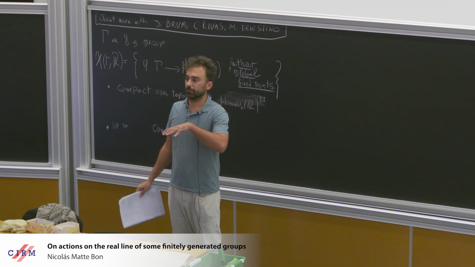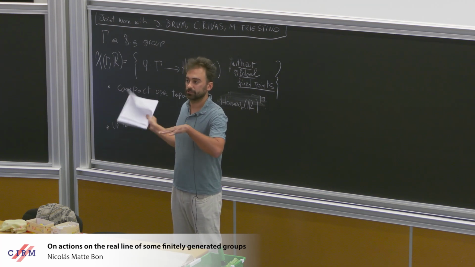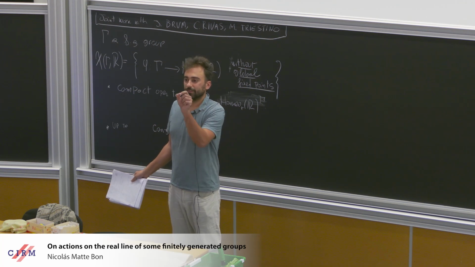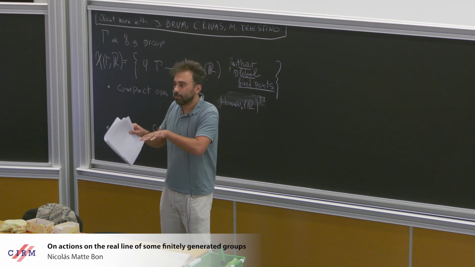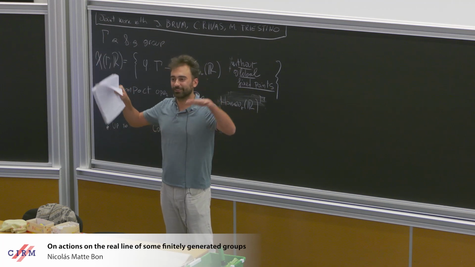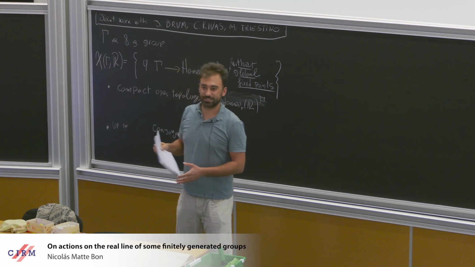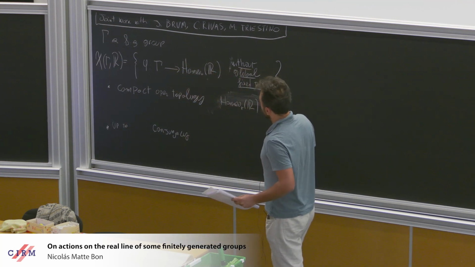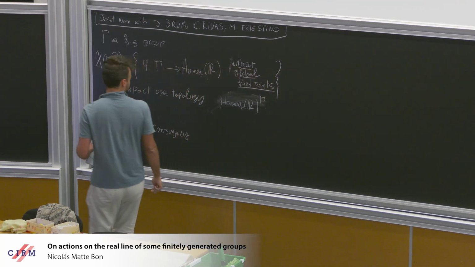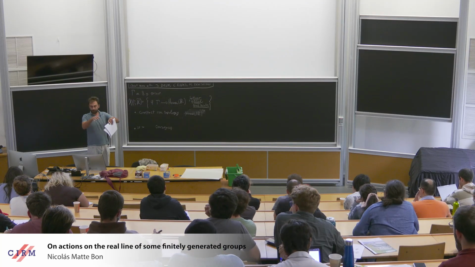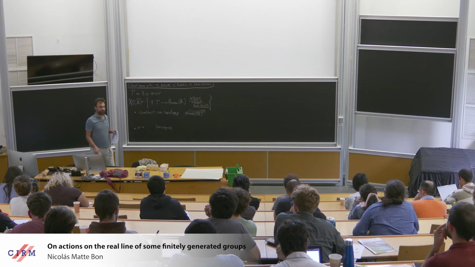If you're familiar with the Denjoy counterexample, if the action is only by homeomorphisms, you pick an orbit, for instance, and replace it by a sequence of intervals. You blow up this orbit, as it's called, and you get another action which is not conjugate, but really looks very much the same. So it's convenient to consider another equivalence relation which considers two actions the same if and only if they're either conjugate or obtained from two conjugate actions via this procedure.